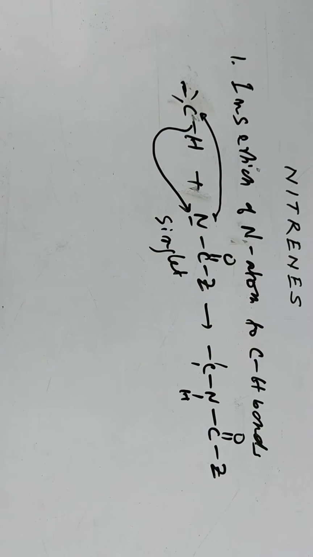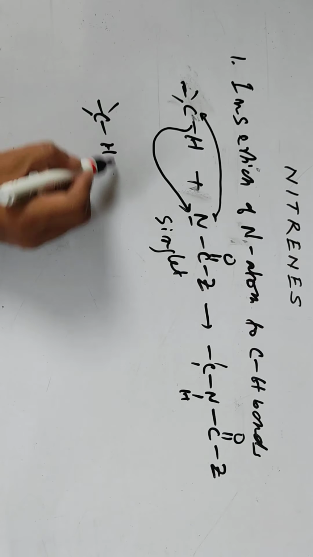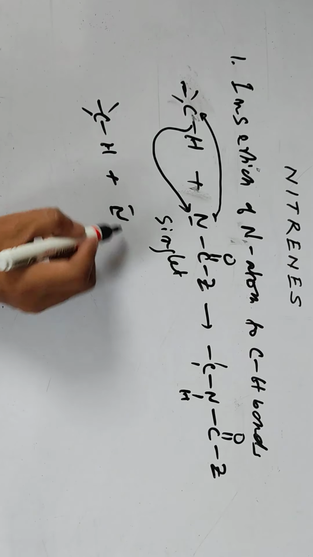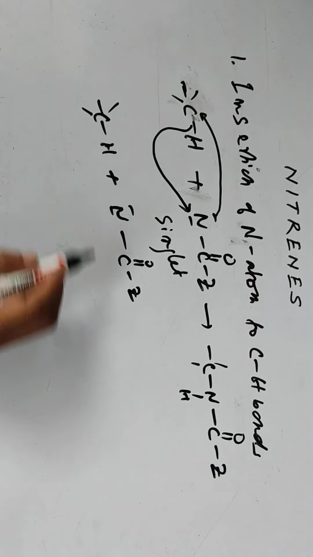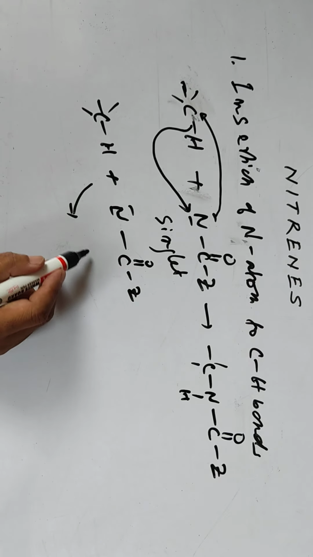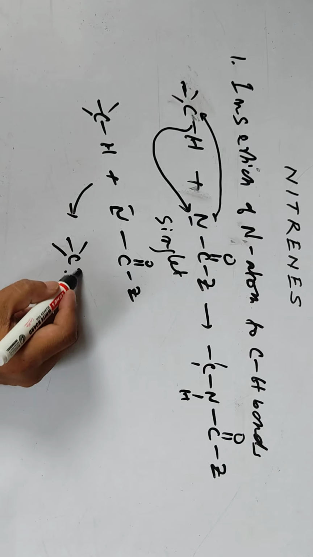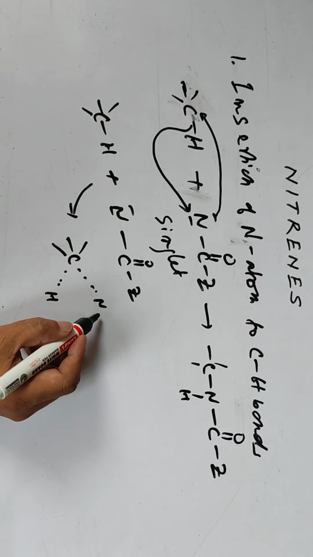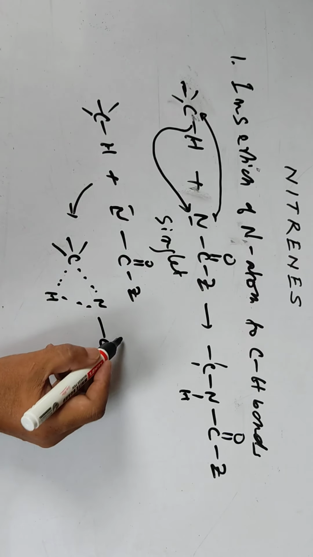So first we can have the insertion mechanism. It can take place in another way also, through an intermediate. So first, say, hydrogen here and then nitrogen, and then you can have CO2Z.